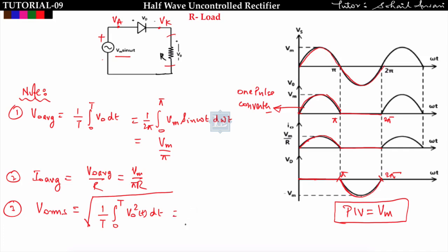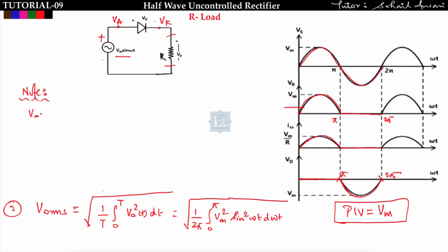I can find RMS voltage like this: 1 upon the time period of this waveform, which is 2 pi, and we are getting output voltage only from 0 to pi, where V0 square dt follows Vm sin omega t. So we can say Vm square sin square omega t d omega t. This is the RMS output voltage of this waveform.